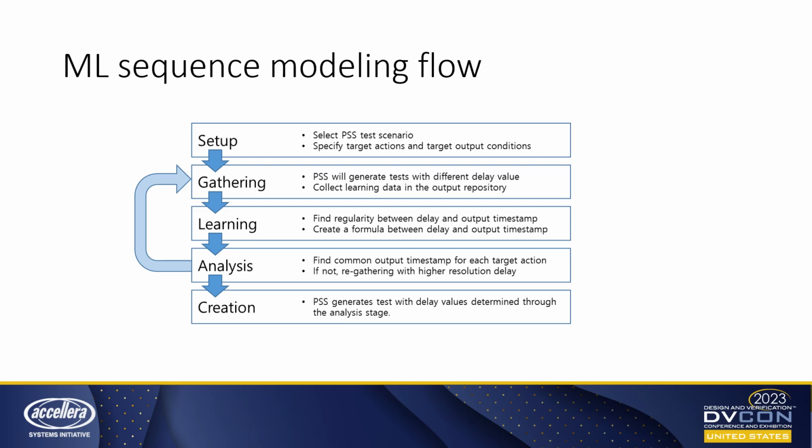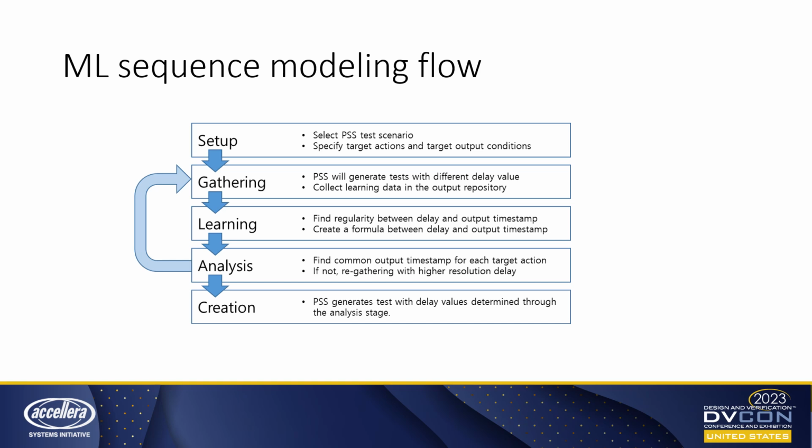In the analysis stage, the very important thing to check is the linearity of the gathered data. If any linearity rule is broken, the analysis stage will set the range again and return to the gathering stage, and we will start gathering the learning data again.